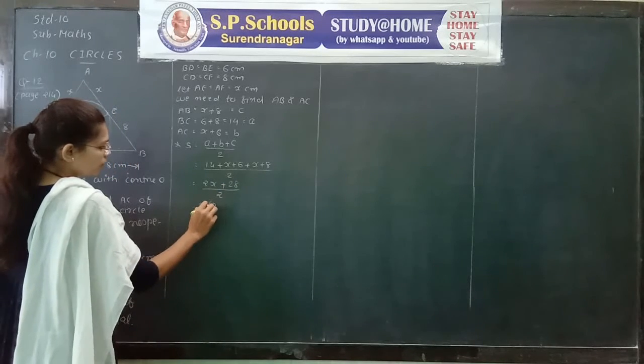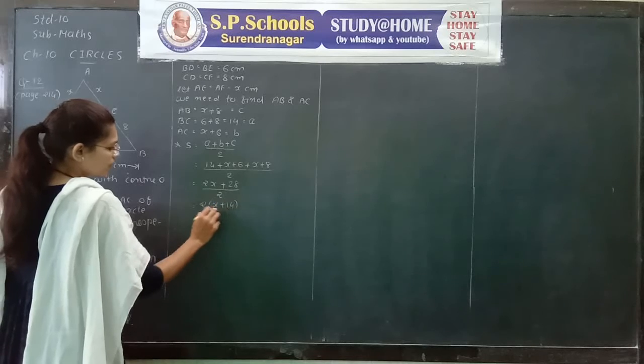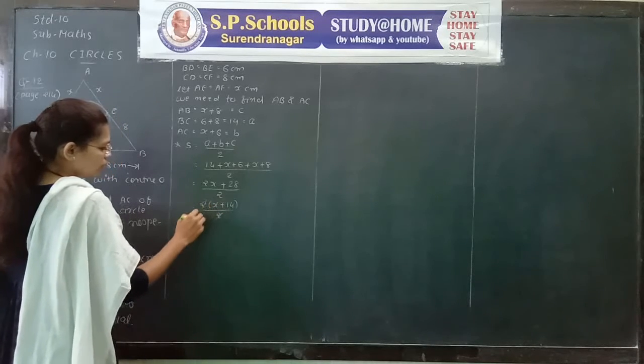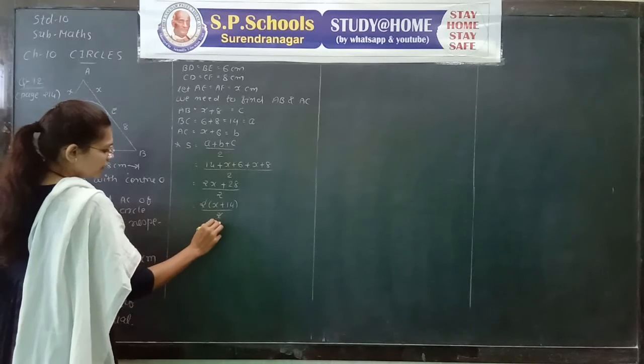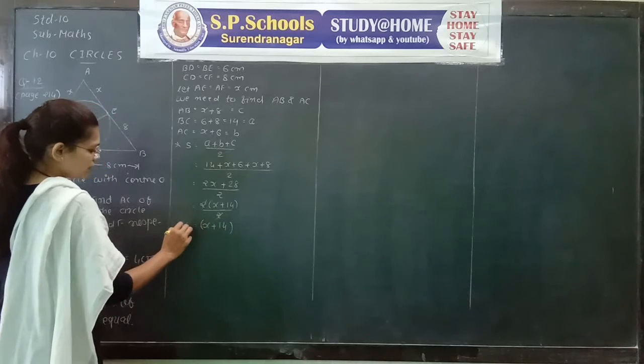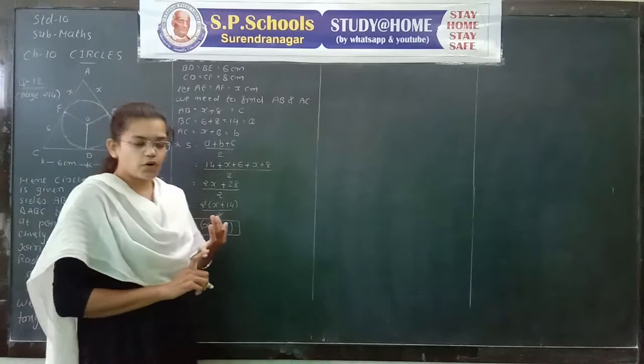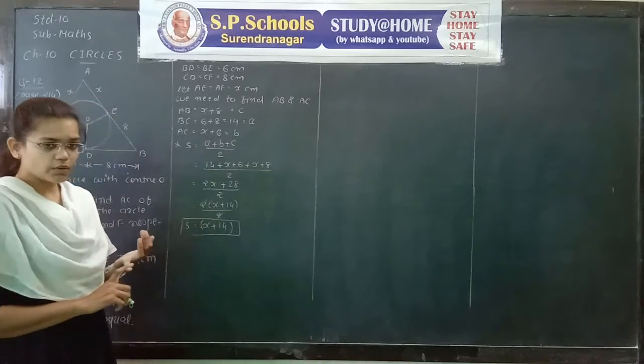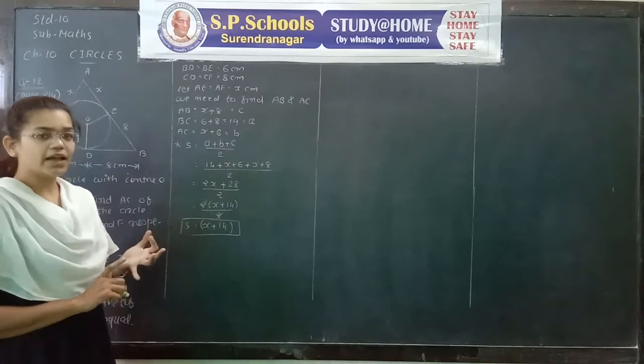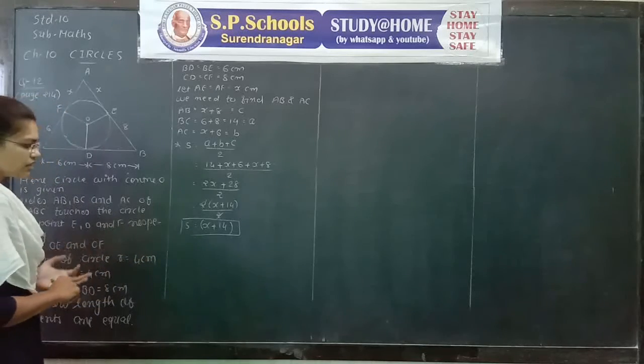Taking 2 as common in the bracket, x plus 14 upon 2, 2 cancels and we get x plus 14, which is the semi-perimeter s. In Heron's formula, s is required, s minus a, s minus b and s minus c are required.